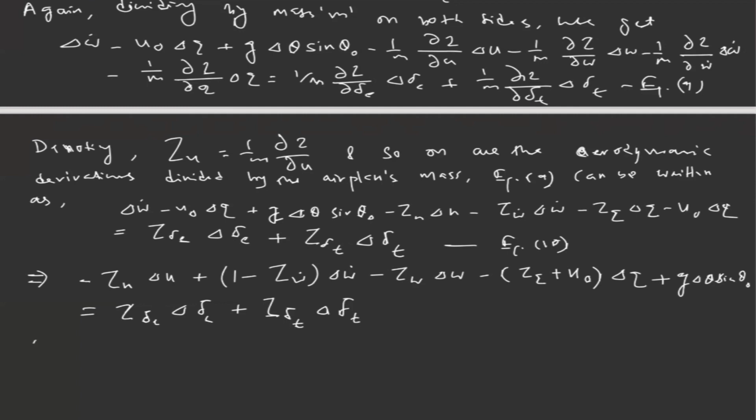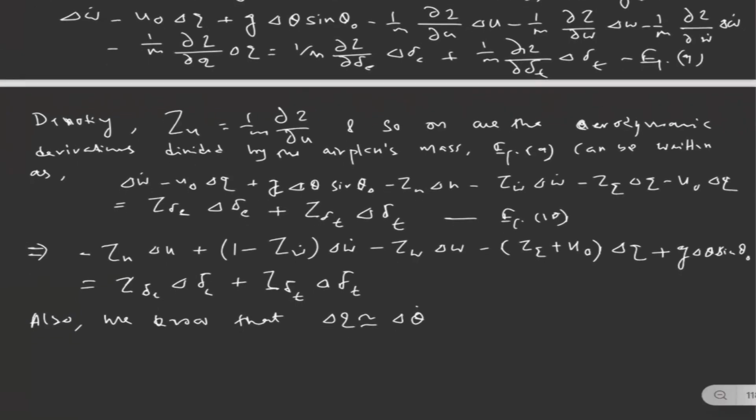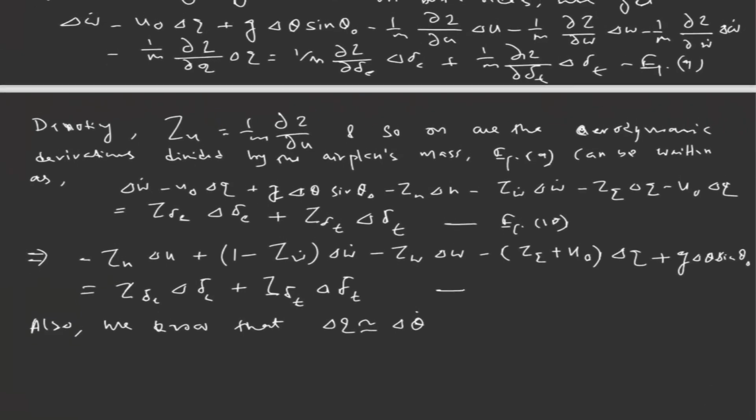So we know that del q is equivalent to del theta dot, and under this condition, equation 11 can be written in compact form.